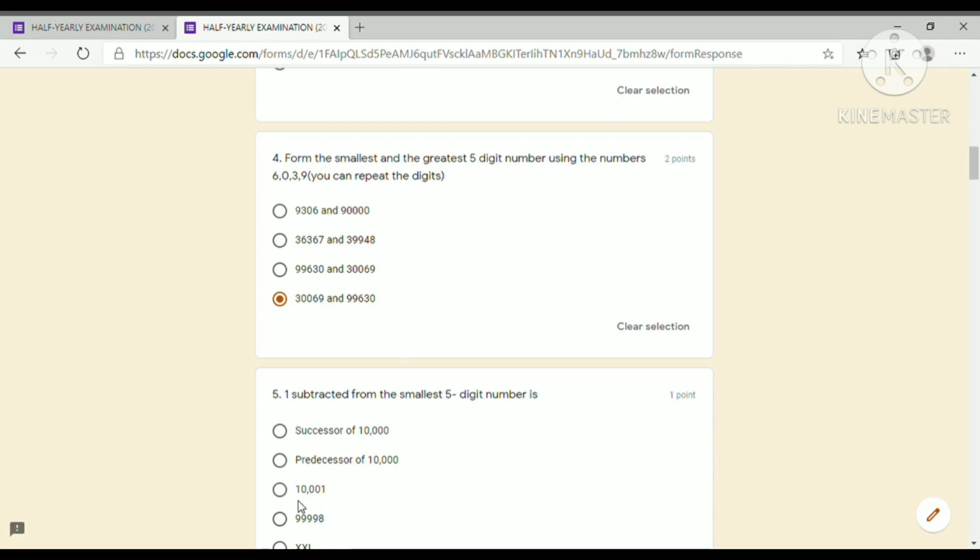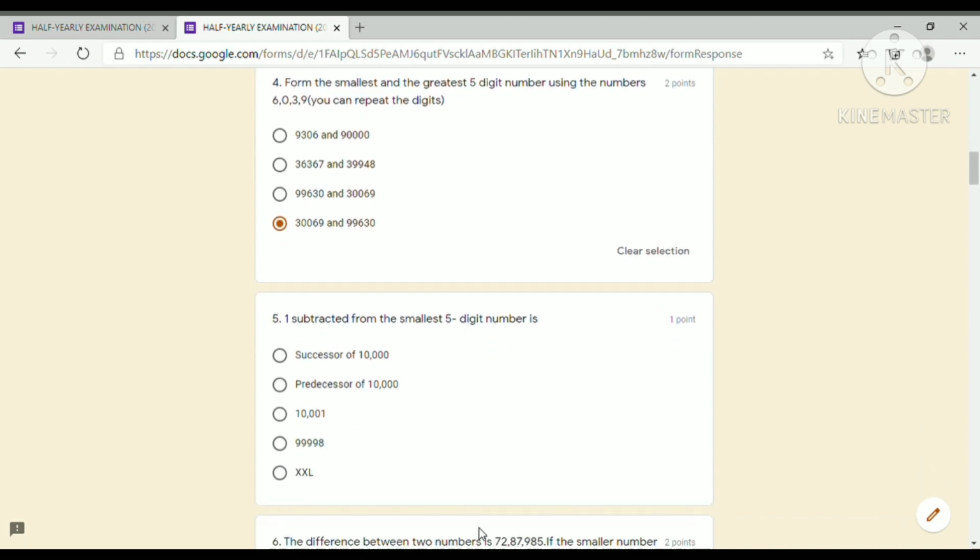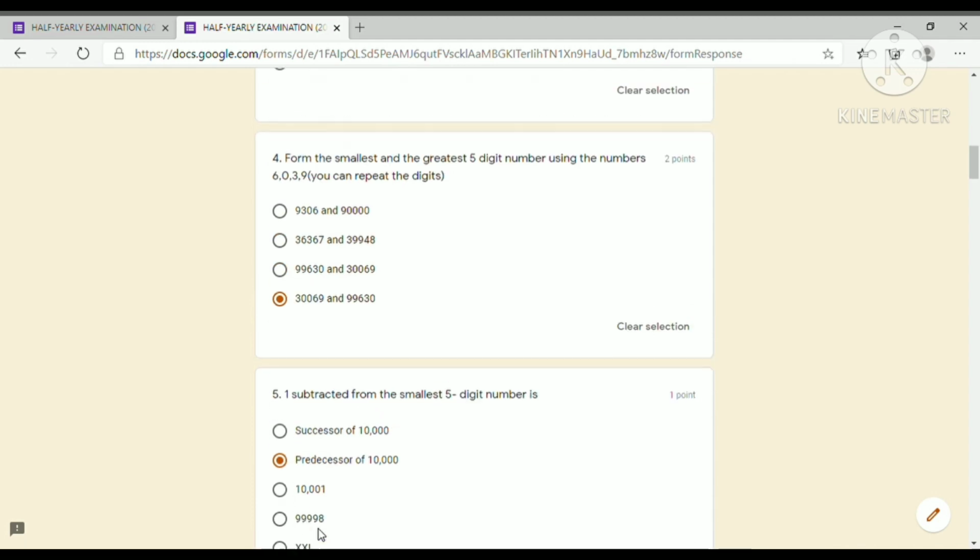The next option is 10,001, which is not correct. The next option is four nines and 8, that is wrong. So in all these, which is the correct option? The correct option is predecessor of 10,000.